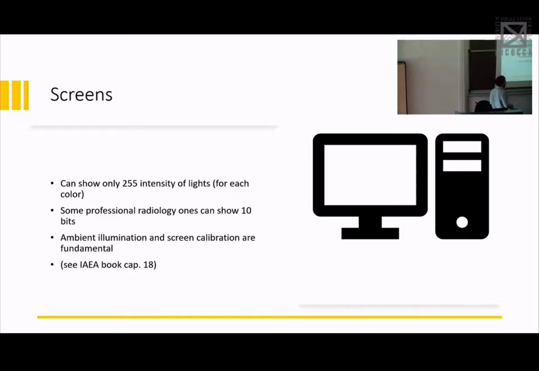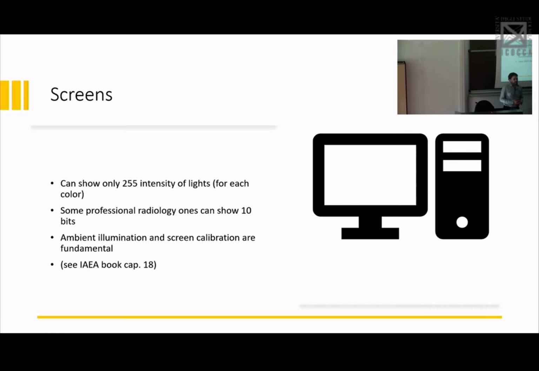So even planar radiography switched to images projected on screens, and screens can show only 255 intensity levels for each color. Nowadays, some professional radiology screens can show 10 bits of depth.